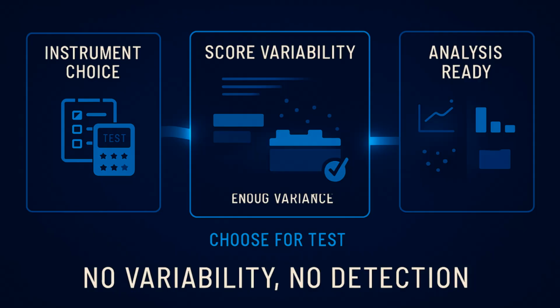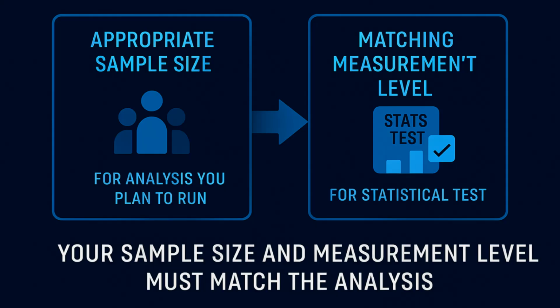Quantitative instruments must also be chosen with analysis in mind. Your scores need enough variability to detect relationships or differences. Your sample size needs to be appropriate for the analysis you plan to run, and the level of measurement must match the statistical test.